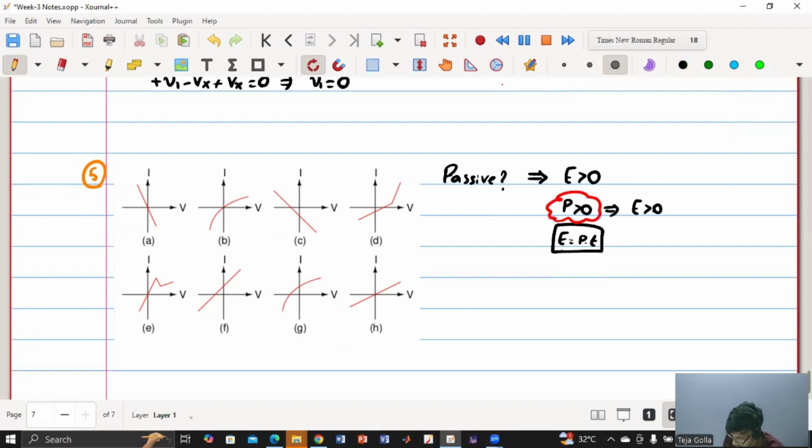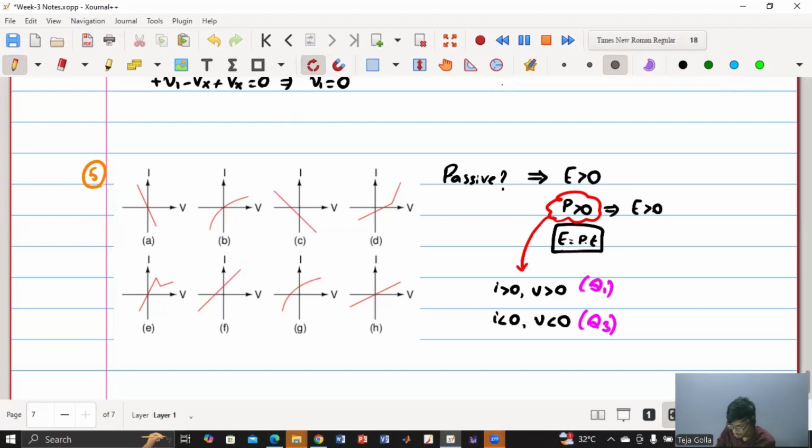You just tell me yes or no. Let me give some more hints. When is P positive? When either I and V are both positive or both I and V are negative. So this happens in which quadrant? Quadrant 1, and this happens in quadrant 3.